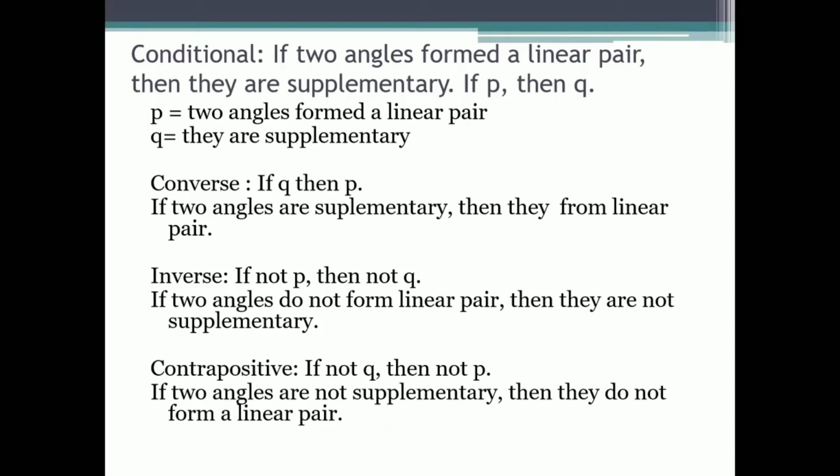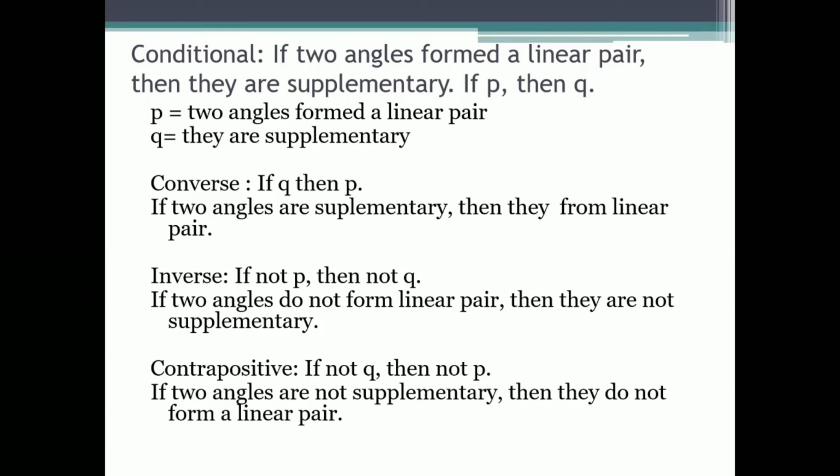There's the word not because it is negated. In the inverse, the P and Q are negated. Then they are not supplementary. So after then is also negated. So again, the inverse: if two angles do not form a linear pair, then they are not supplementary.